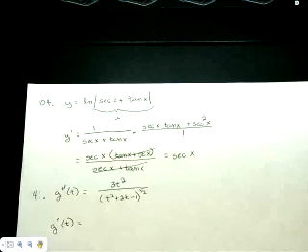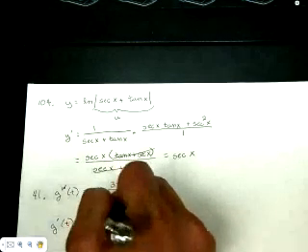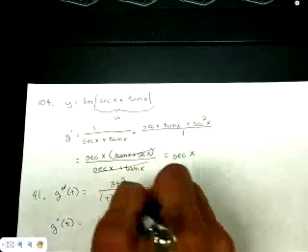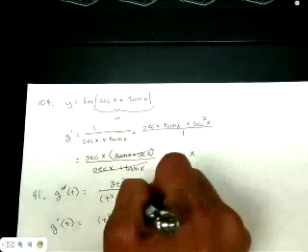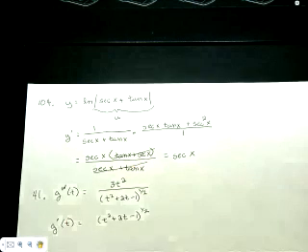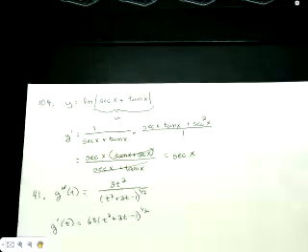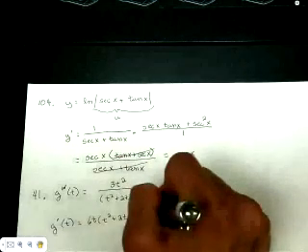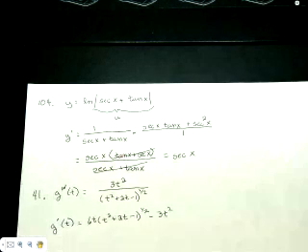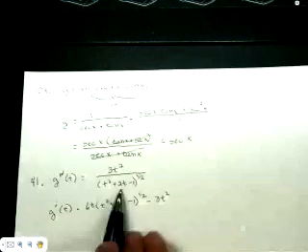I'm going to start with the denominator times the derivative of the numerator, which is 6t. Then minus the numerator times the derivative of the denominator.